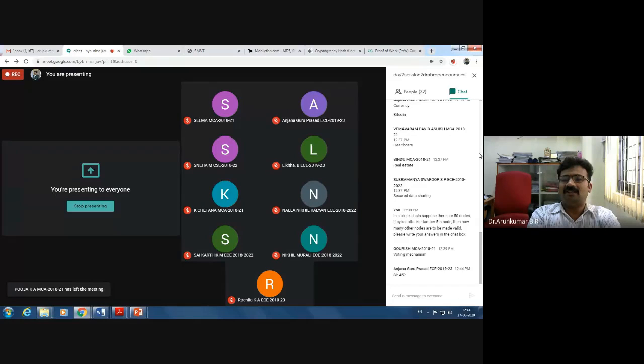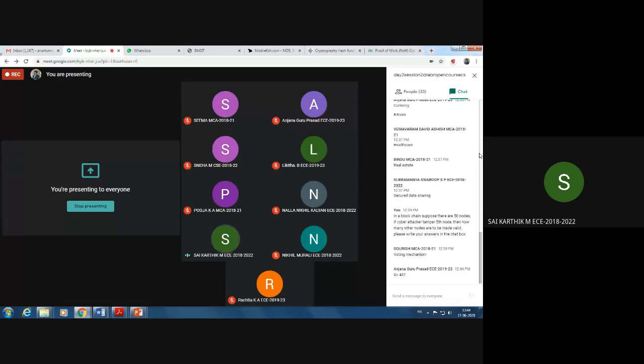I got one answer in the chat box. Sai Karthik, do you think the answer given is correct? Yes, sir. Because the hash of one block is stored in the other block.